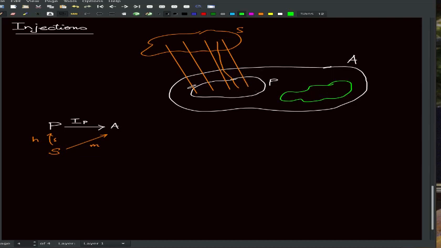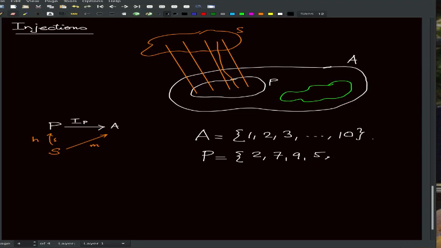So let's take a concrete example. Let us take this set A, say the set of the first 10 natural numbers, and let me take P, say 2, 7, 9, 5.